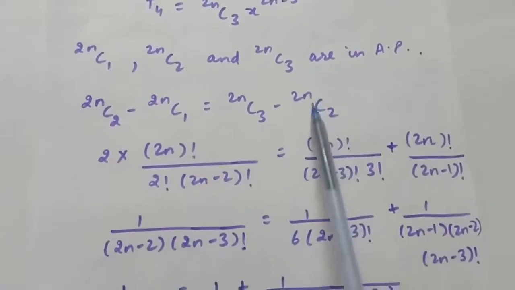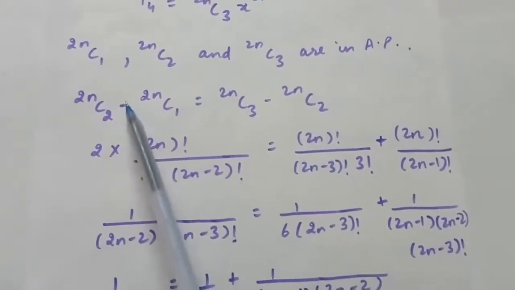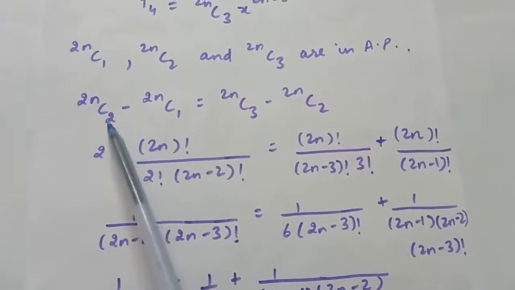Now taking this 2nC2 this side, here 1 2nC2 is already.